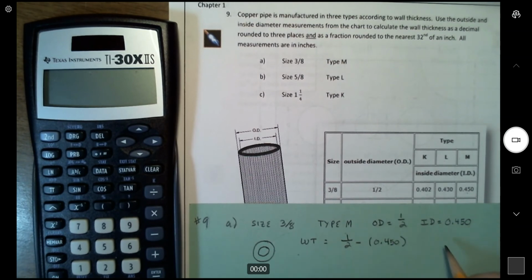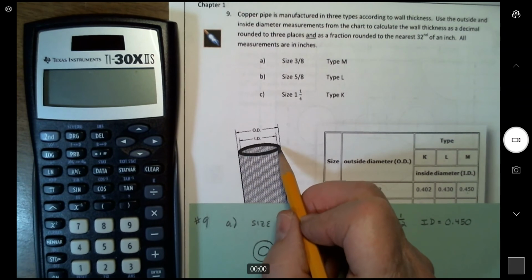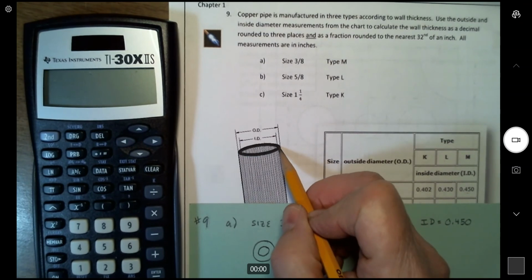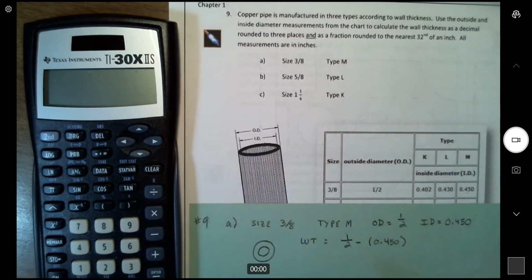But the thing that you have to be aware of, if you just subtract the two, you're going to get this part and that part. And we don't want that. We only want to know what the thickness is. The thickness over here is the same as the thickness over here. We're not interested in 2 thicknesses. We're interested in 1. So after I do this, I guess I should use a bracket here. After I do this, I'm going to go ahead and divide by 2.